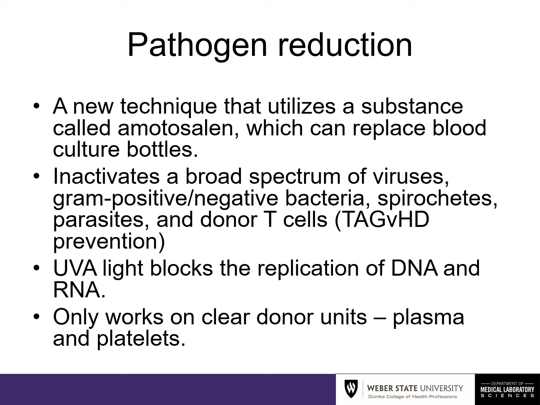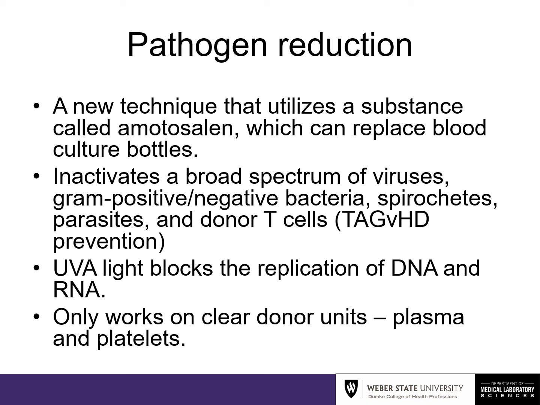So what is pathogen reduction? Pathogen reduction is a new technique that utilizes a substance called amotosalen, which can replace blood culture bottles. Bacterial contamination of platelets is a major cause of transfusion-related fatalities after TRALI and hemolytic reactions.